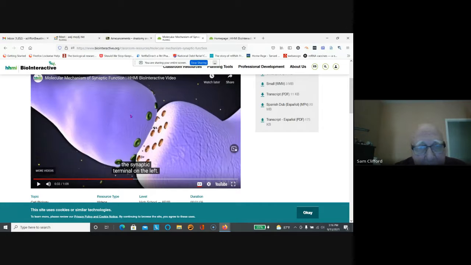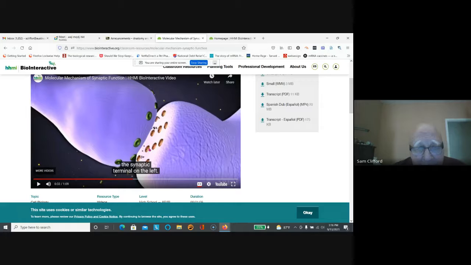Okay, so this is the presynaptic terminal on the left. This is the postsynaptic nerve on the right. Calcium will enter this presynaptic ending. That'll cause neurotransmitter to be released. The neurotransmitter will be in red.